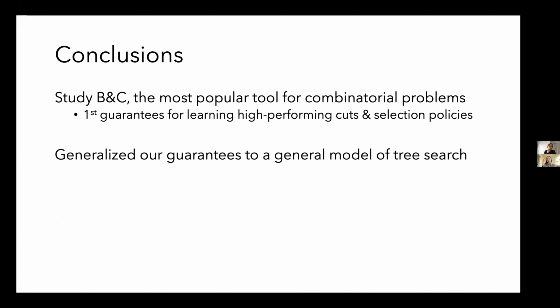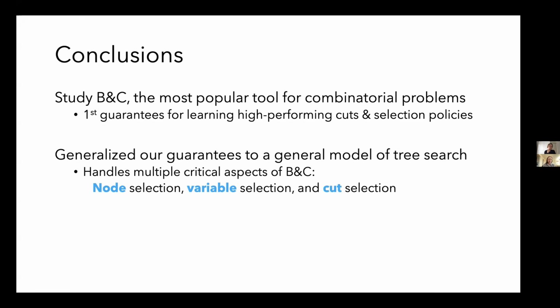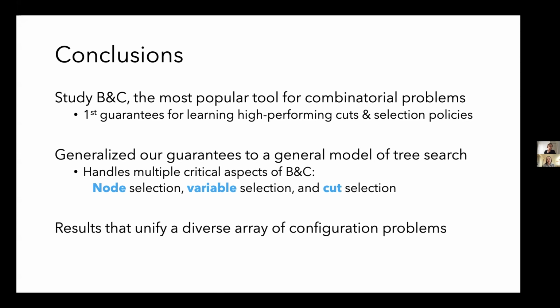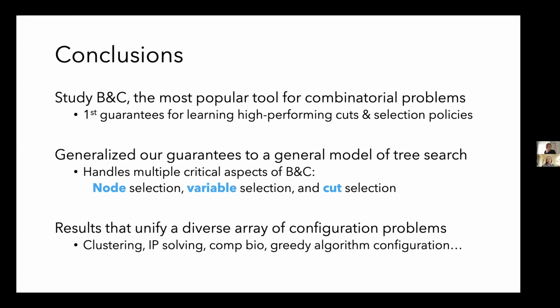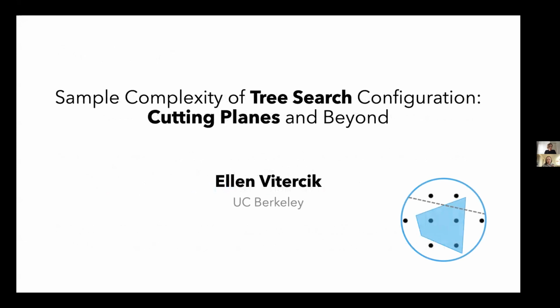We also saw how these guarantees can be generalized to this very general model of tree search, which handles multiple critical aspects of branch and cut, like node selection, variable selection, and cut selection. Finally, we concluded with results that unify this diverse array of configuration problems like clustering, integer programming, computational biology, and greedy algorithm configuration. So with that, I'll wrap up and take any questions. Thank you.